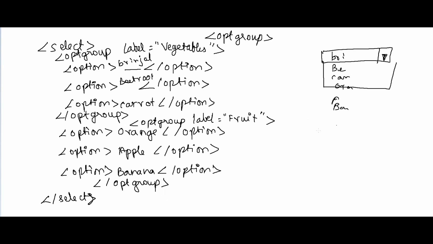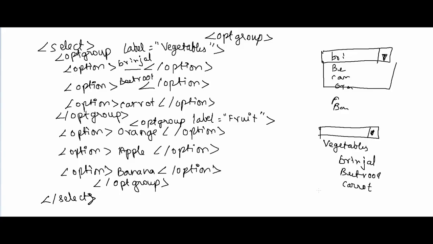If I run this code, I will get it like this. First vegetables, and under this we get brinjal, beetroot, carrot, right?